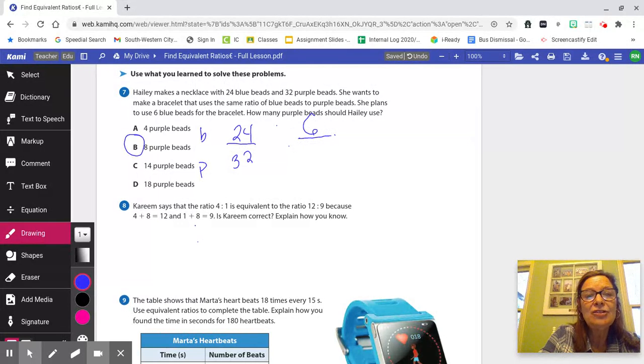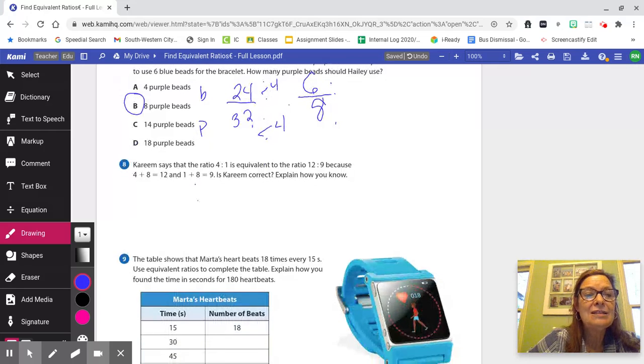What did I do to 24 to get 6? I divided by 4. So I divided by 4, and my answer was 8. So my equivalent ratio, 6 to 8, is equivalent to 24 to 32.